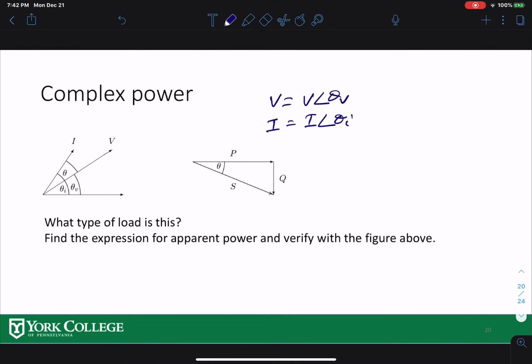So you do complex power, VI conjugate, and see what happens. You will see what happens to that complex power, and you can decide what kind of load this is. Look at who is leading. If current is leading, it is a capacitive load. If voltage is leading, if current is lagging, that's an inductive load.